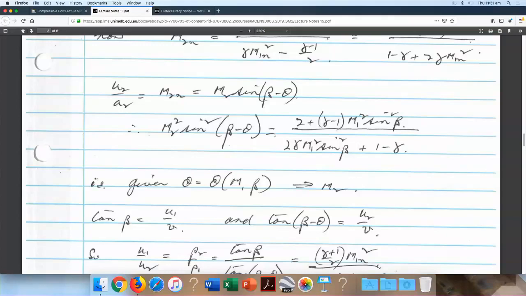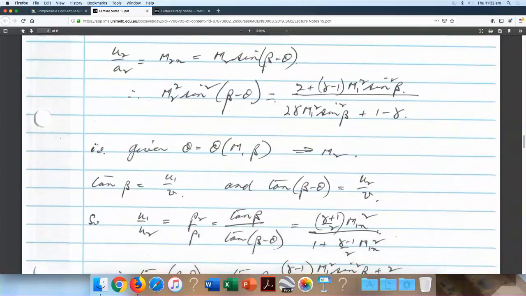But that will also be, from the conservation of mass, rho 2 U2 is rho 1 U1, so U1 over U2 will be rho 2 over rho 1. And I have an expression for rho 2 over rho 1 in terms of M1n squared.